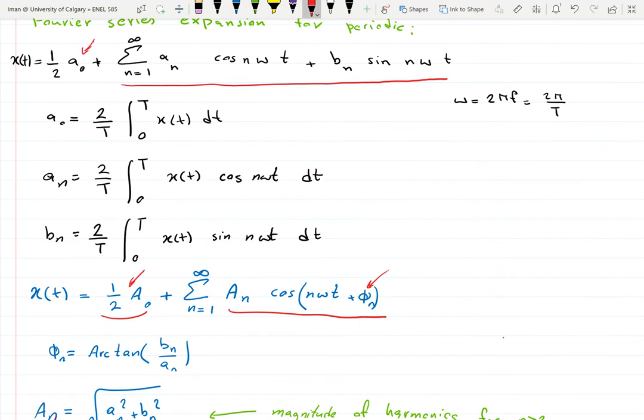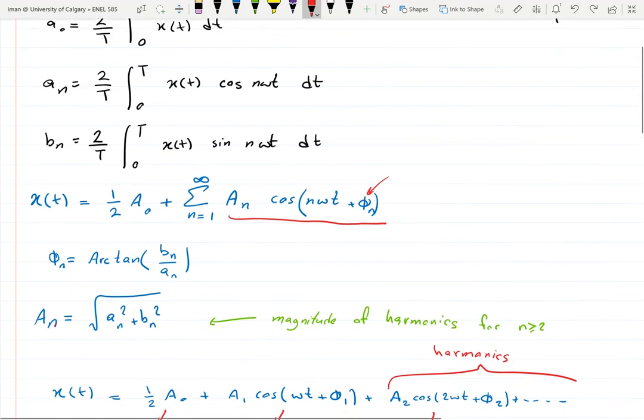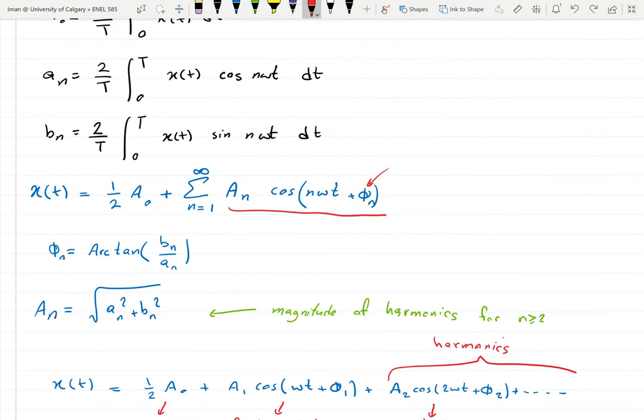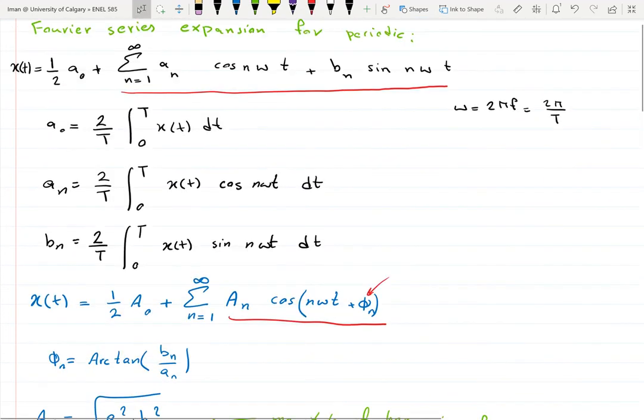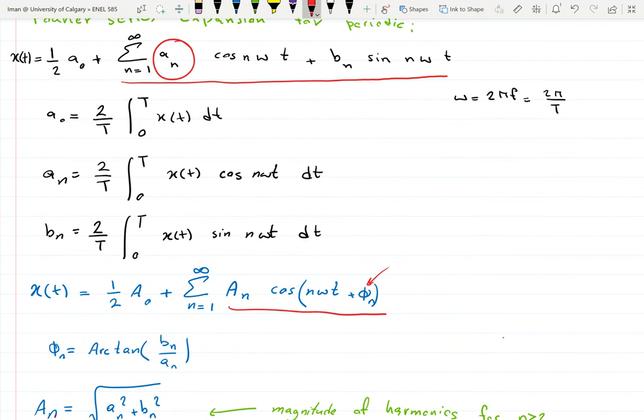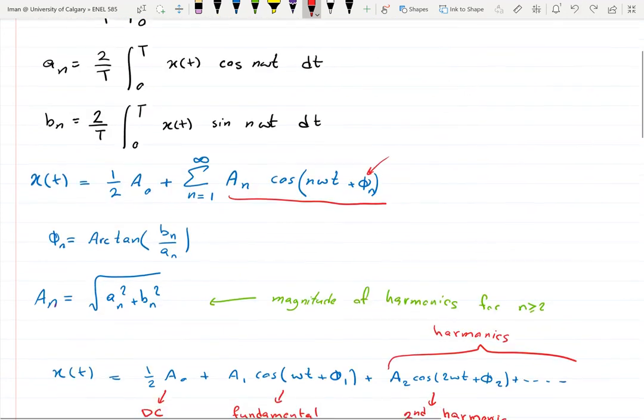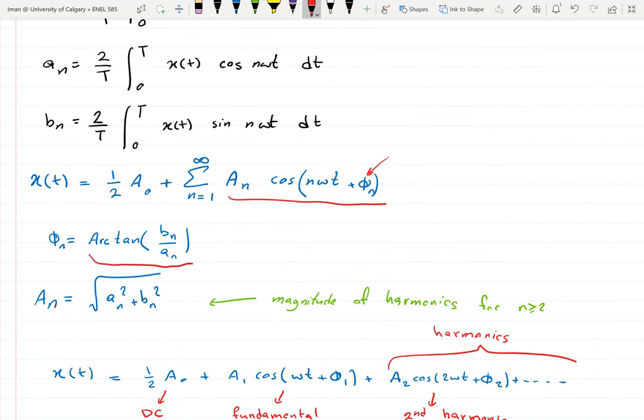So this one doesn't change. But now how do we find capital An? Capital An can be found from the square root of this an to the power of 2 plus this bn to the power of 2. And phi n can be found from arctangent of bn divided by an.